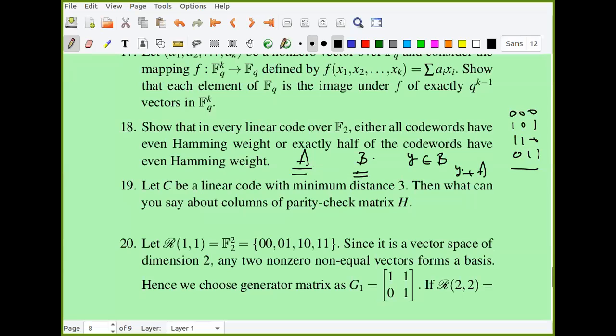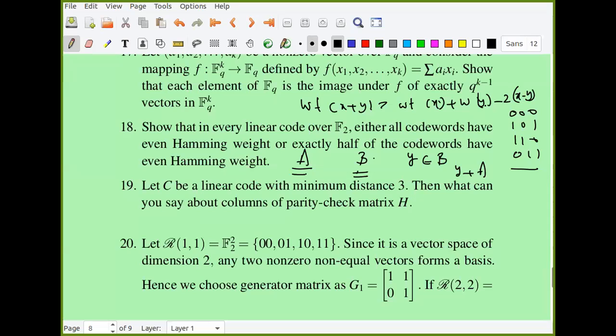Take every vector in A and add it to y, right? Then what about the weight of that vector? That becomes odd. We have done this question previously. The weight of x plus y is equal to the weight of x plus the weight of y minus 2 times the inner product, right?